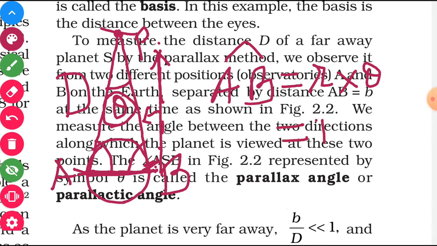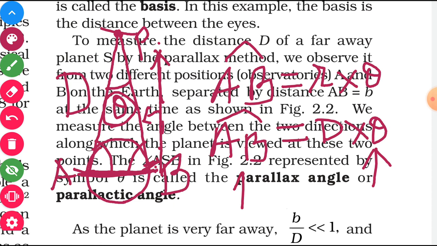So d into theta, if you do, then you will get arc AB. But arc AB is known to you, because this distance AB is known to you, theta is known to you. So you just have to make this d the subject of the formula, and you can get the answer for the distance of a far away planet from the earth.